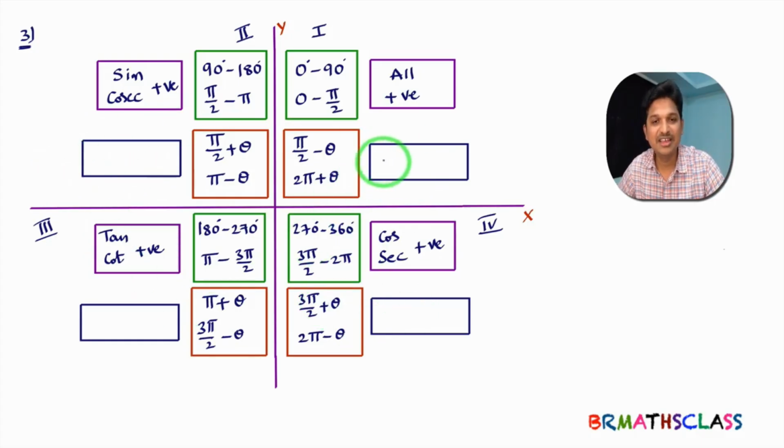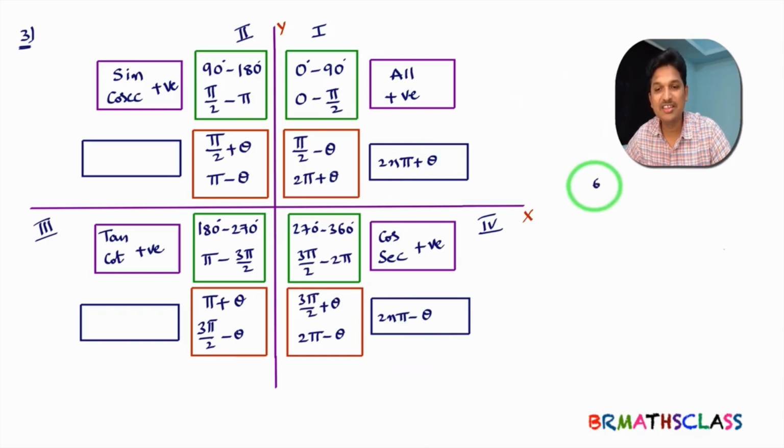See, this is about even number. Generally, 2n represents even number. Even number into pi plus theta lies in first quadrant. Even number into pi minus theta lies in fourth quadrant. For example, 6 pi. 6 is even number. 6 pi plus theta lies in which quadrant?